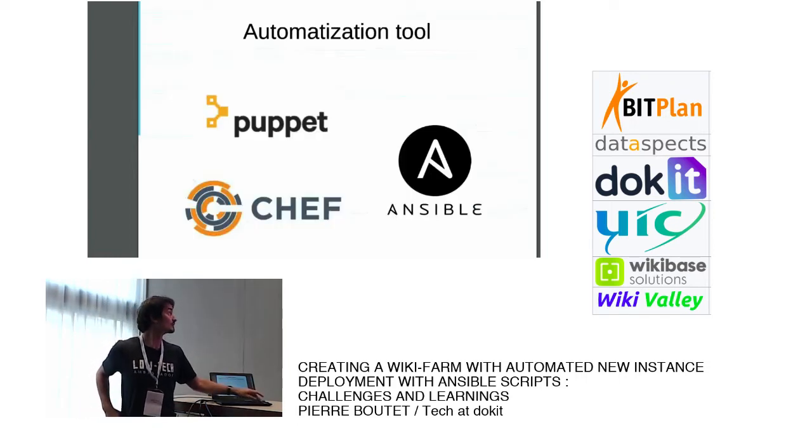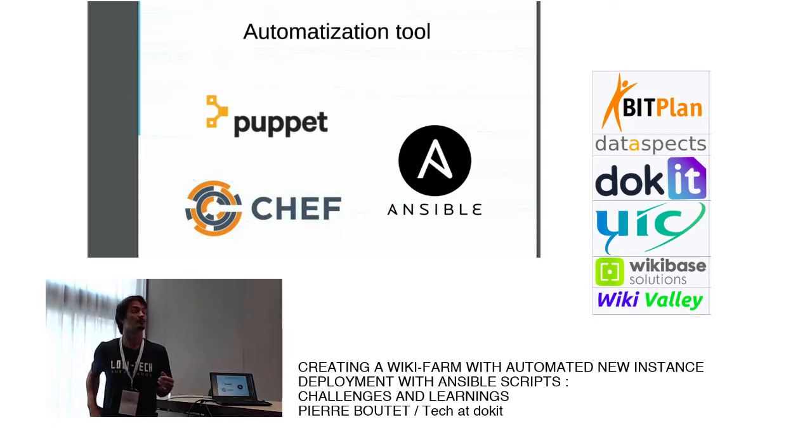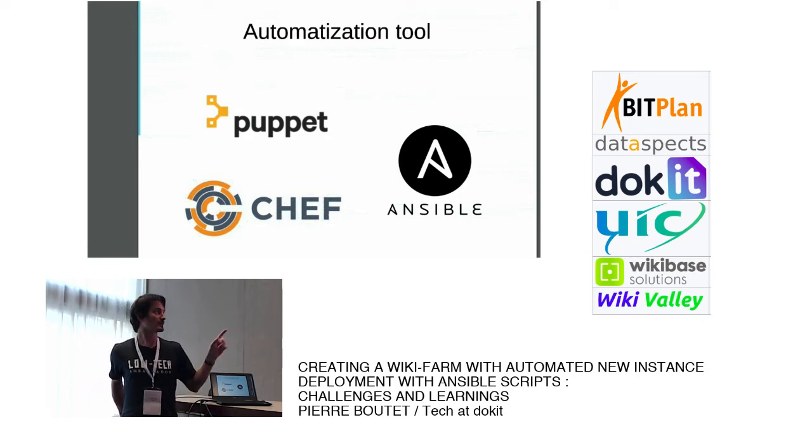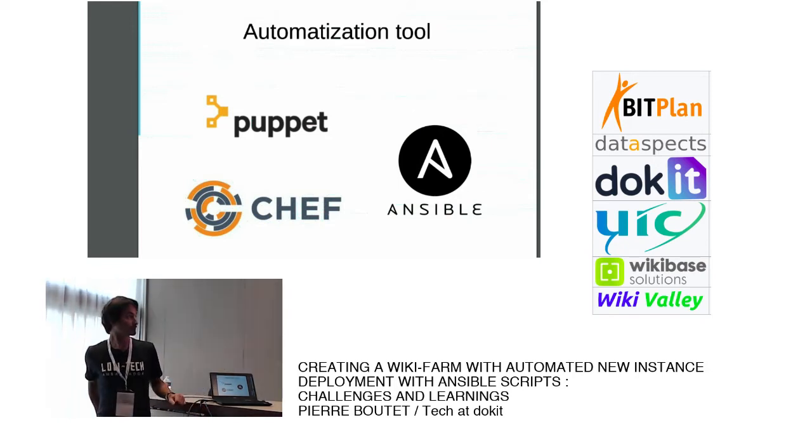So now I want to automate it. I know about some tools such as Puppet, Chef, and Ansible. Before Dokit, I didn't try any of them. So I didn't spend a lot of time trying each one, but I stayed with Ansible because it seems simple to me.